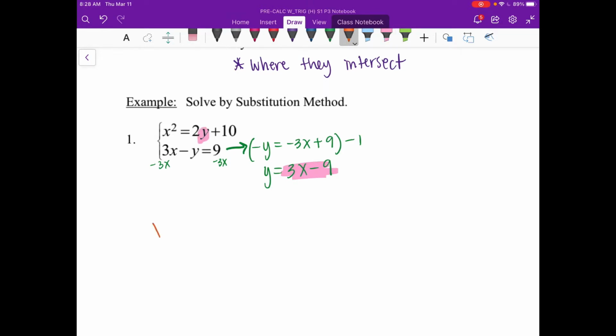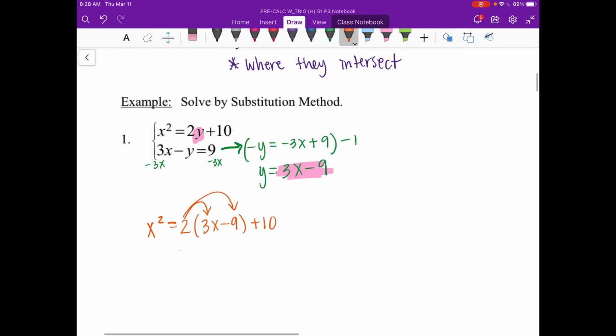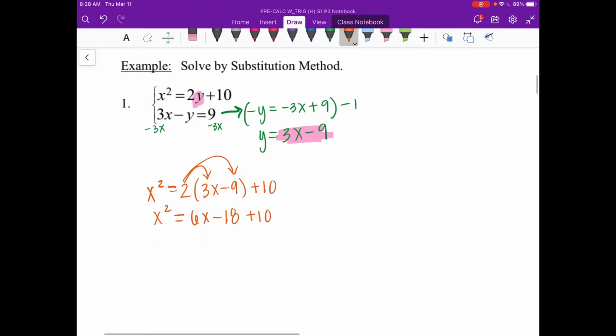So that gives me x squared equals 2 times, instead of y, I'm putting in 3x minus 9, and then plus 10. So I distribute the 2. I get 6x minus 18, and then I still have the plus 10 there, and the x squared in the front. Okay, now this is starting to look like a quadratic, so I'm going to simplify this a little bit more.